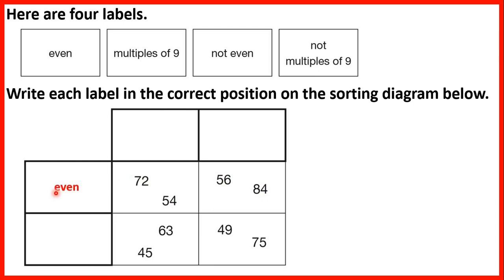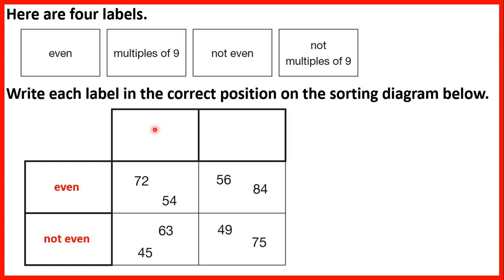So all of those numbers are even numbers because they end in 2, 4, 6, 8 or 0. And these numbers 45, 63, 49 and 75 are all not even. They are all odd numbers because they end in 1, 3, 5, 7 or 9.